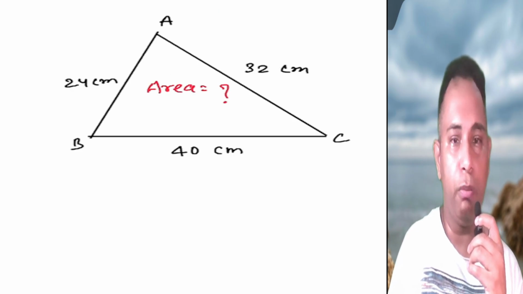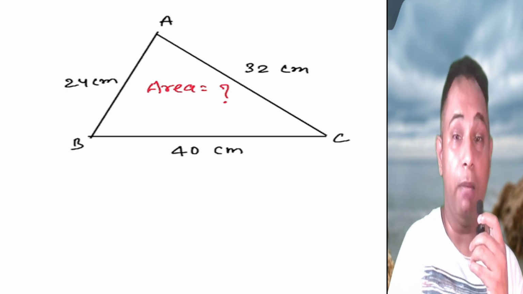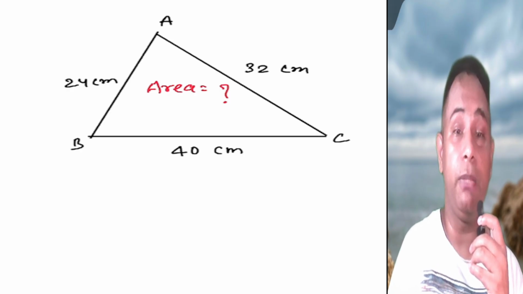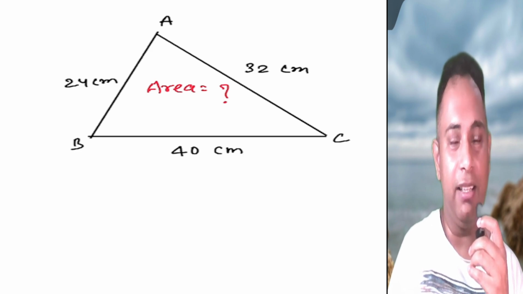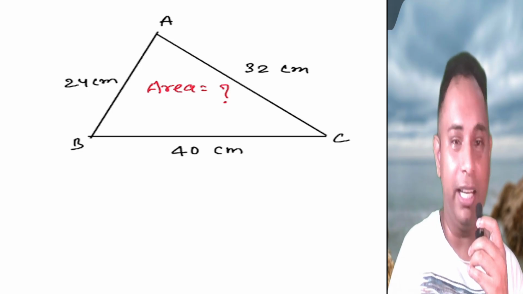Now, a specific question on my screen: find the area of a triangle whose sides are 40, 32, and 24 centimeter respectively. Earlier we knew the formula 1 by 2 into b into h, but here we are getting neither b nor h.